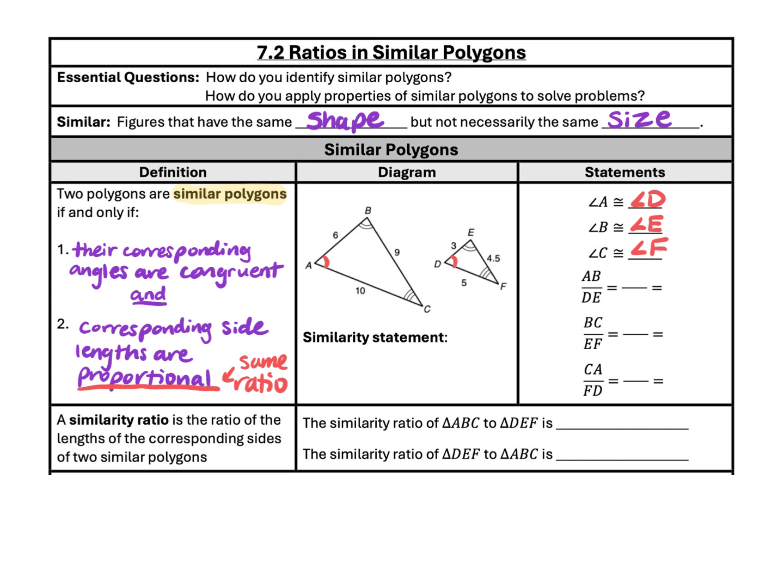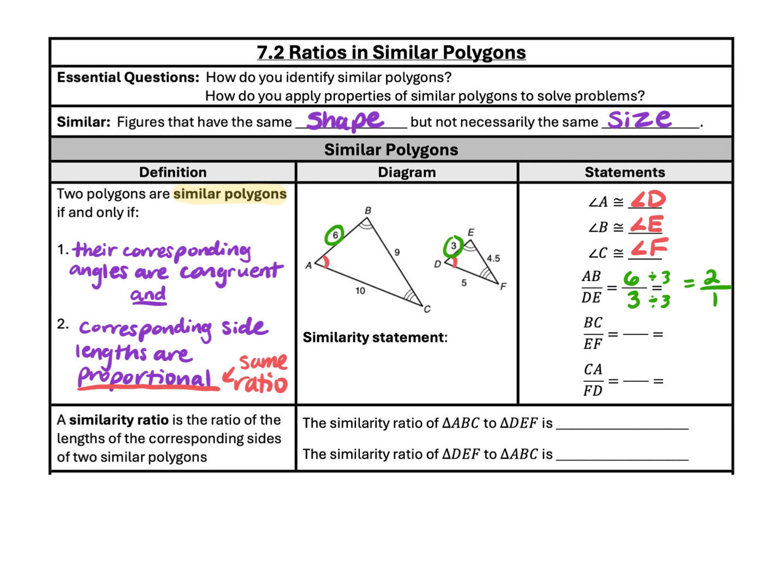That is true. And now for corresponding sides, you want to match up like parts with like parts. So AB matches with DE. So the ratio of AB to DE is 6 over 3. And then if we simplify our fraction by dividing by 3, we get 2/1.